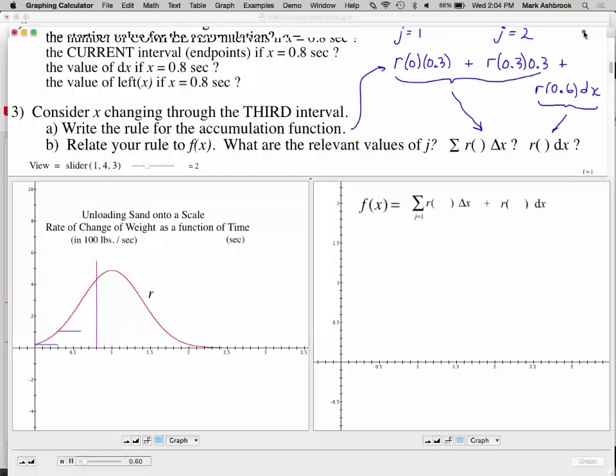The summation sign means add a bunch of these together. There's only one. It's right there. It's going to say, let j equal 1, get that. And let j equal 2, get that. Now add those together. That's what the summation sign says. You're not adding a bunch of sums. This says sum up a bunch of these. It'll be the total number of completed intervals. So this will be 2. Right now it's 2, but as soon as we move into the next interval, it'll be 3.